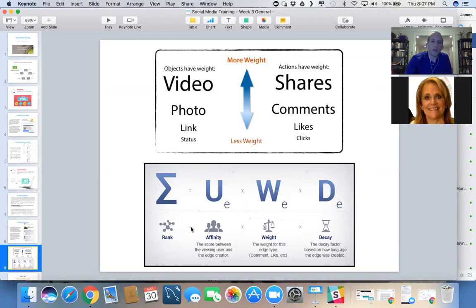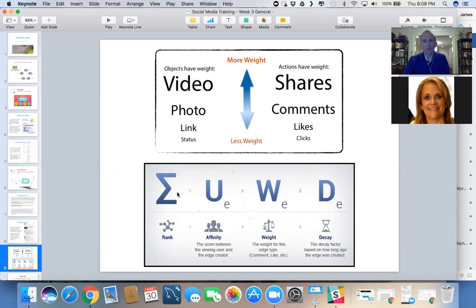But the big thing I want you to take away from the formula here is what they call your edge rank. This is your edge rank between you and other users on Facebook. You and all your people in your friend network are not created equal. Facebook does not see every person in your friend network as having the same kind of relationship with you.